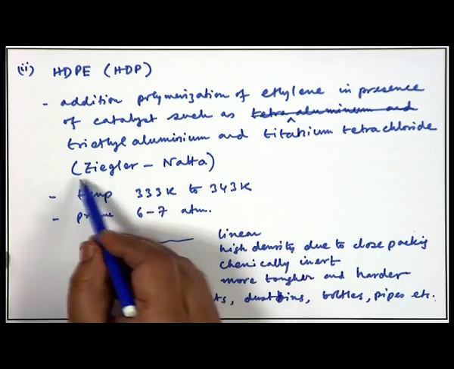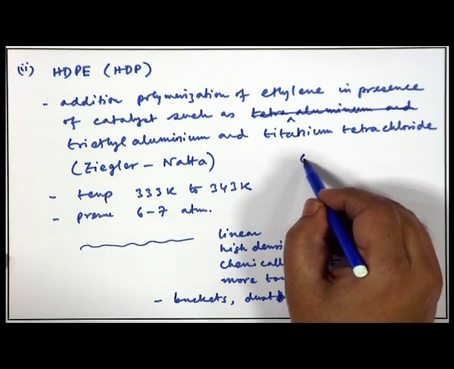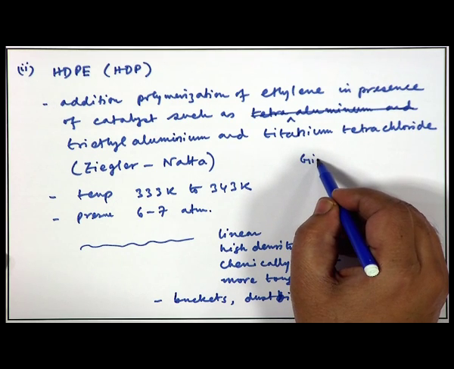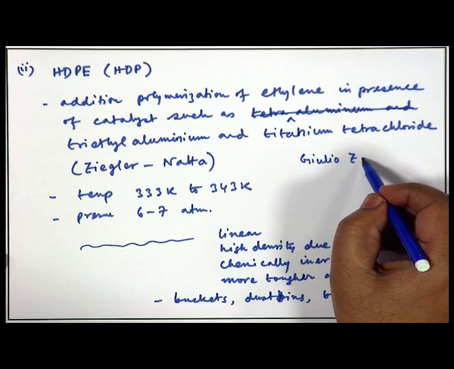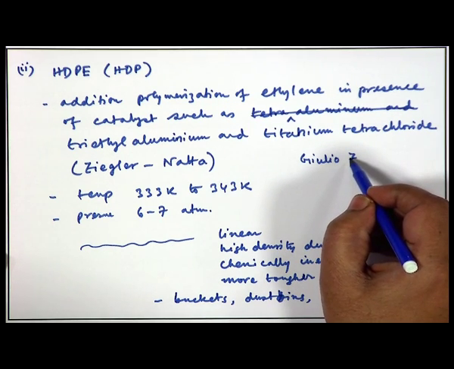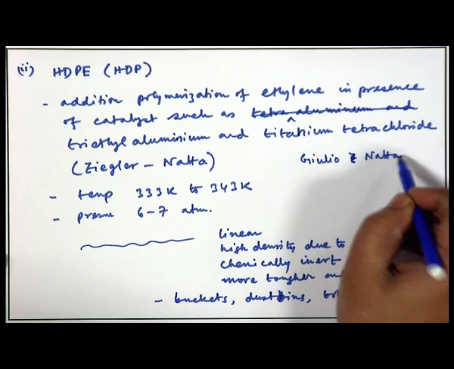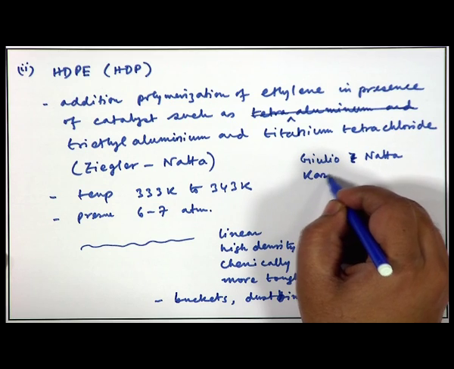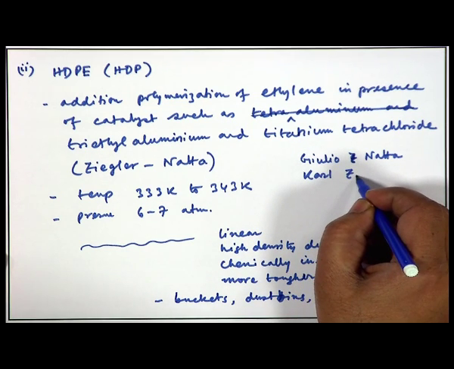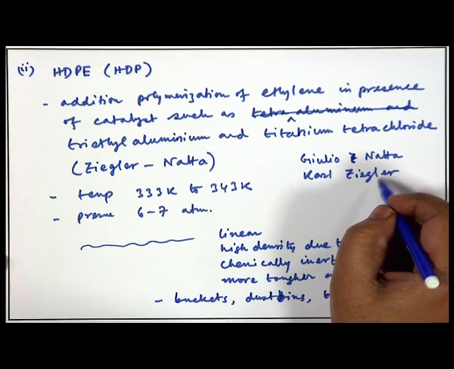And these two scientists, Ziegler, full name is Leo Ziegler. Sorry, this is Carl Ziegler. This is Natta. He is an Italian scientist, and he is a German scientist.